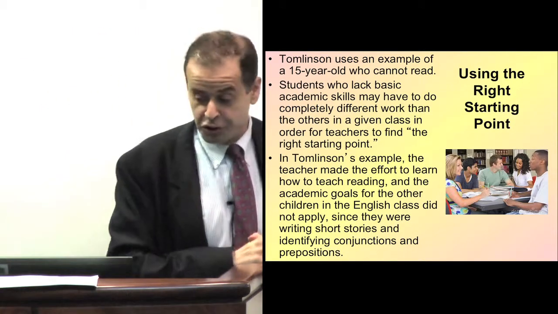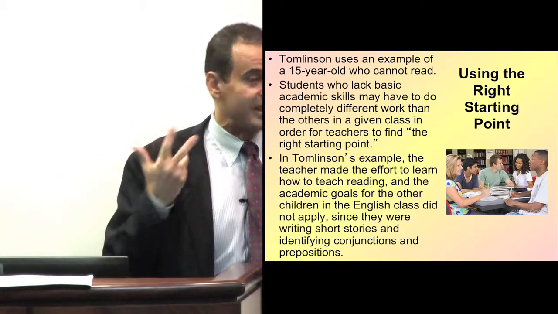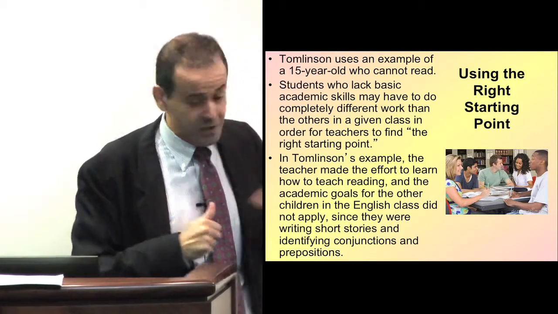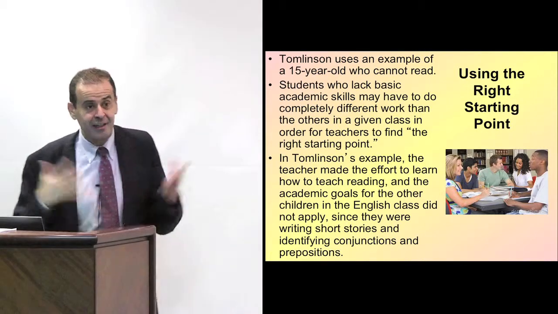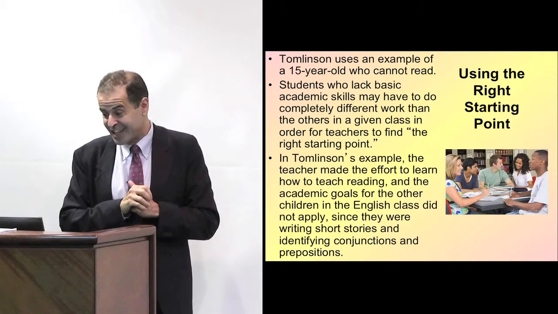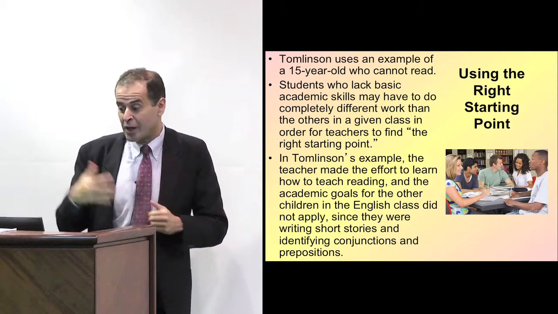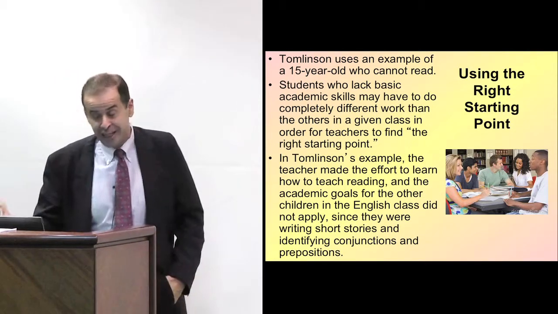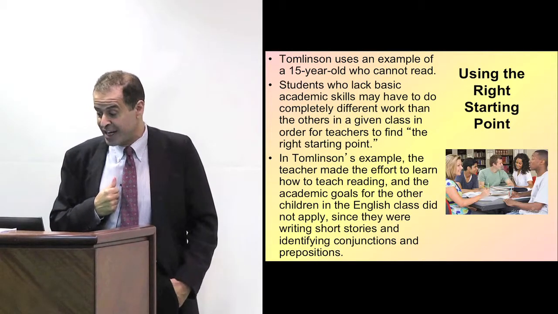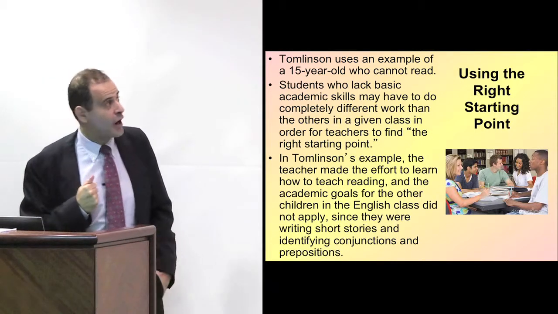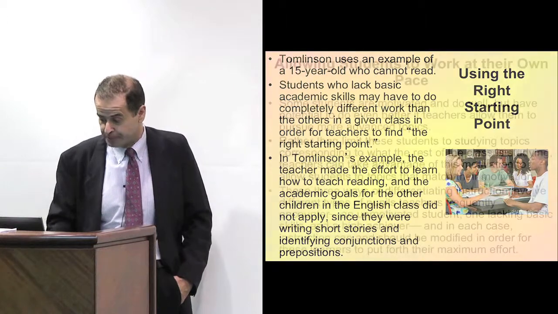And for this particular student, the teacher had to do something completely different because that particular instruction didn't fit the child's academic ability. So in this case, the teacher had to learn effective methods of teaching reading, and that is one way to use the right starting point.